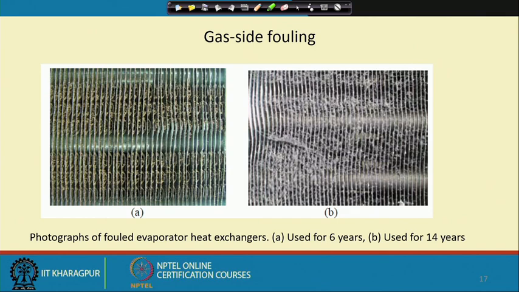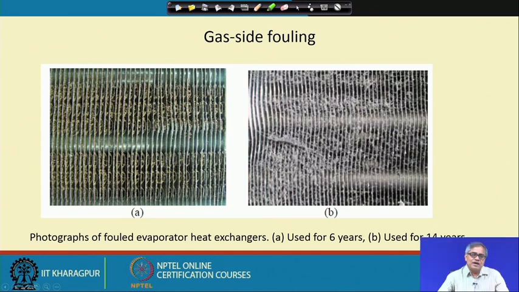In this evaporator heat exchanger, we can see that it is a fin tube type heat exchanger. The tubes are visible, and then there are very closely spaced fins, and on the fin side there will be fouling.